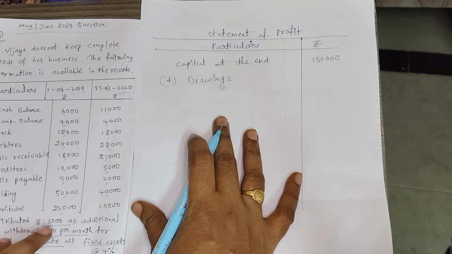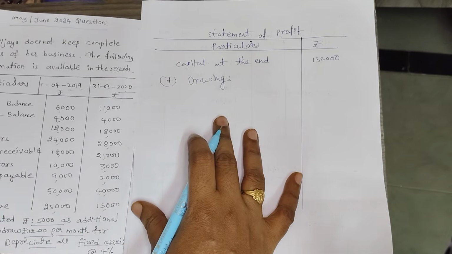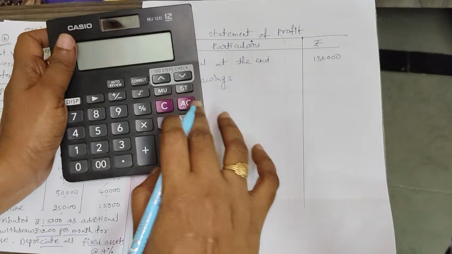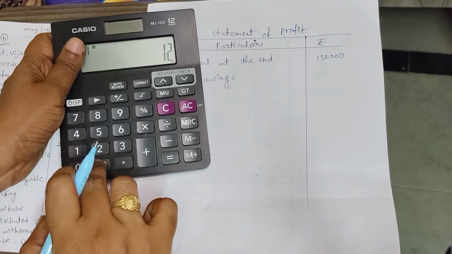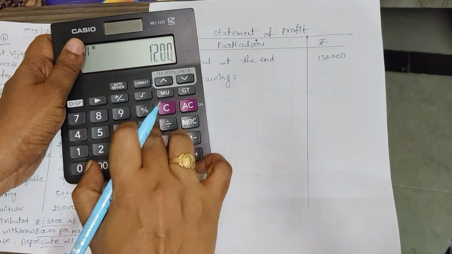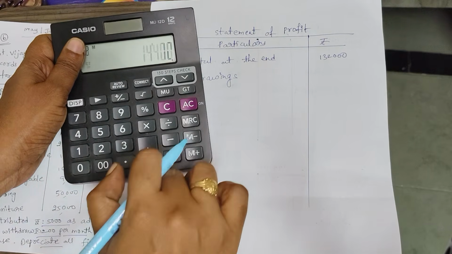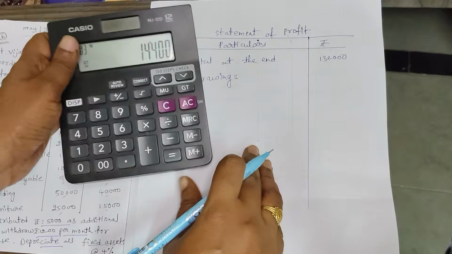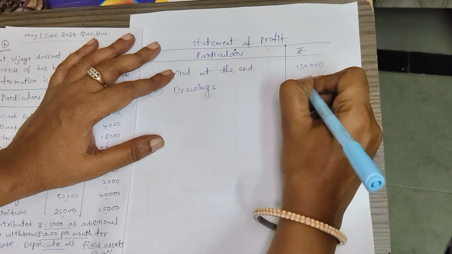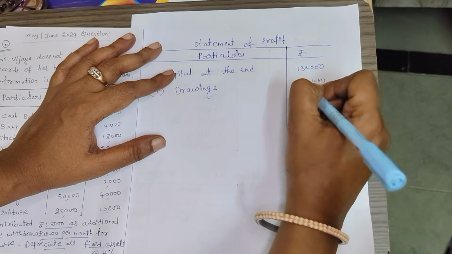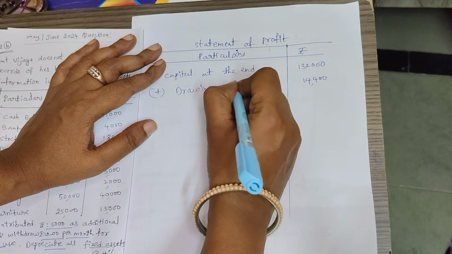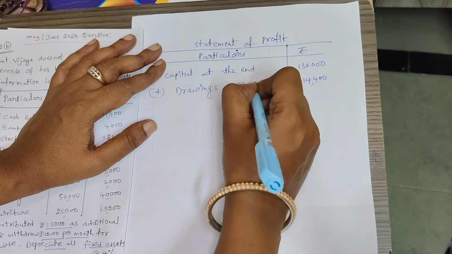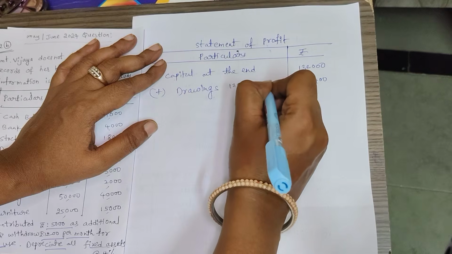So what is our drawings here? 1,200 per month, not a year. It is a per month. That means how many months in a year? 12 months. So 1,200 per month means 1,200 into 12 months. How much? 14,400. So 14,400, it is a drawings. How you will get this 14,400? I'm writing here 1,200 into 12 months.